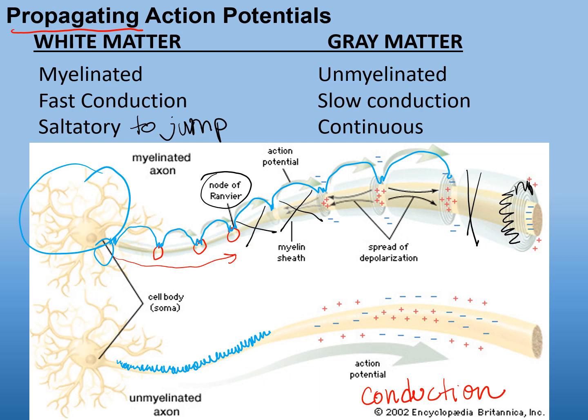And what happens is that in MS, an axon that was myelinated turns to unmyelinated, and saltatory conduction turns to continuous. People who have MS demand their limbs to do things and nothing happens. That's because the action potential does one of two things. It either takes too long to get there because it's in continuous conduction, or it never gets there, which is what happens in the later stages of MS.